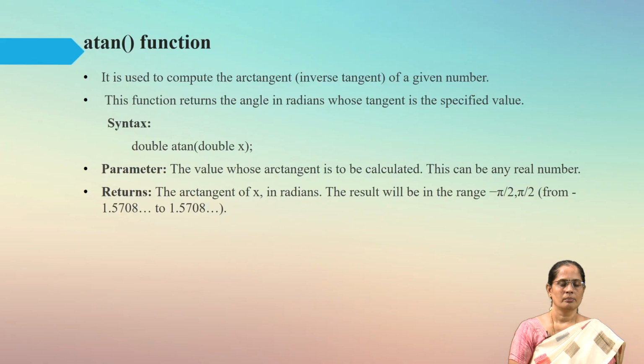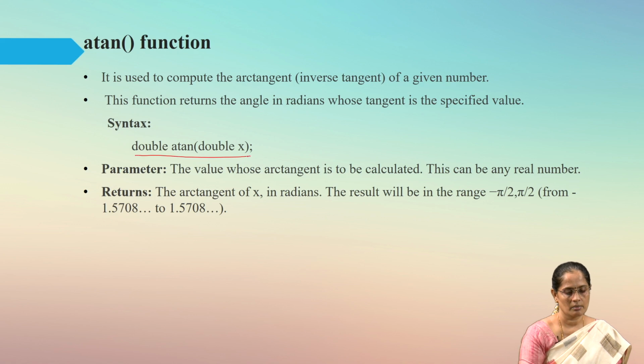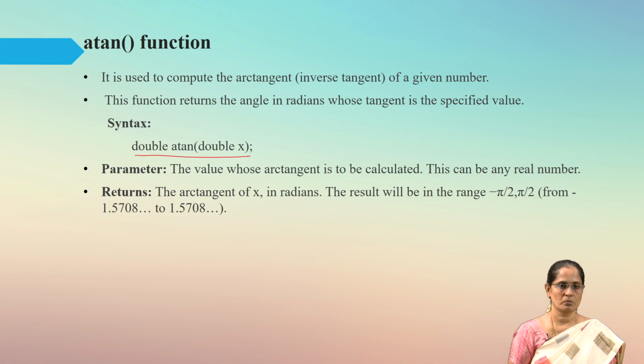Then arc tangent, or the inverse tangent of a given number. Again we can make use of the same syntax, double atan(double x). It means that the input should also be a double type, and we can make use of values from the range as given in the atan.